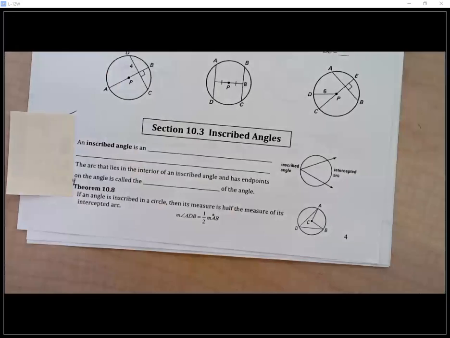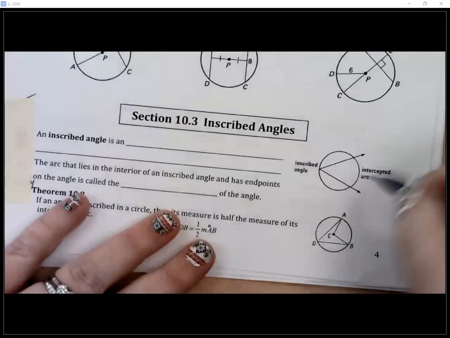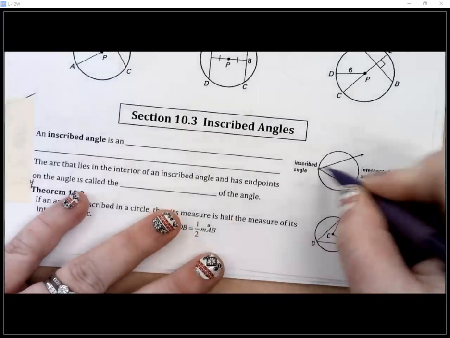Here's a good picture of them right over here. So you've got an angle whose vertex is on the circle's edge.